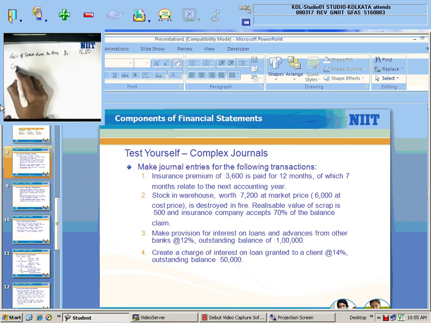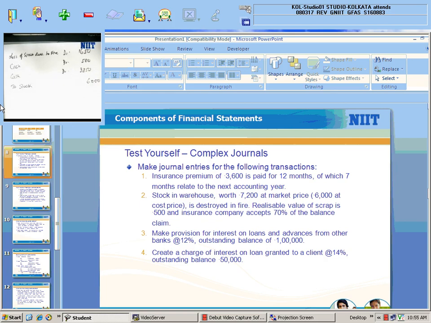Then cash received. Cash is a real account, so cash has been received, 500 rupees from sale of scrap. Cash or bank, if the insurance company paid in cash, let's say, then 3,850, and stock account to be credited with 6,000.